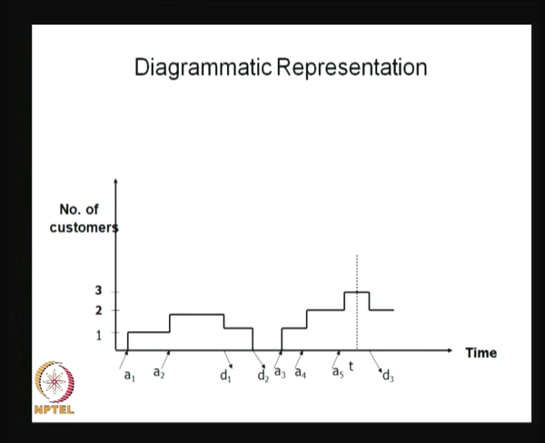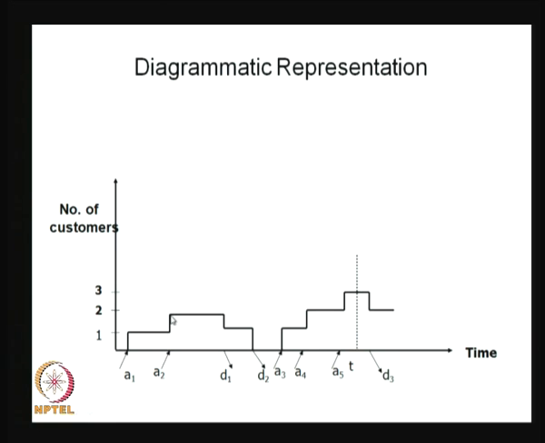Suppose at time A1 the first customer enters the system, then the number of customers in the system is incremented by 1. The customer who entered the system is getting the service. During his service time, the next customer enters the system at time point A2.